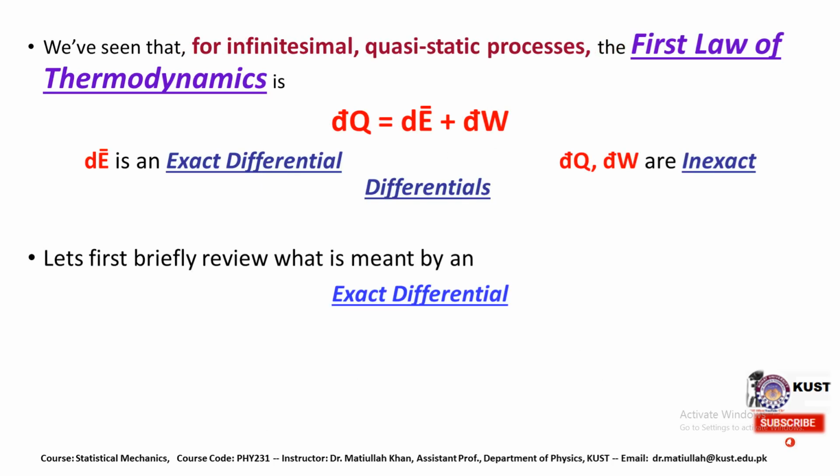If we have an infinitesimal quasi-static process, in which the changes are infinitesimal, then we can modify the first law of thermodynamics accordingly. Since the changes are very, very small, they can be represented as dq = dE + dW. Here d of E is an exact differential, and both dq and dW are inexact differentials.